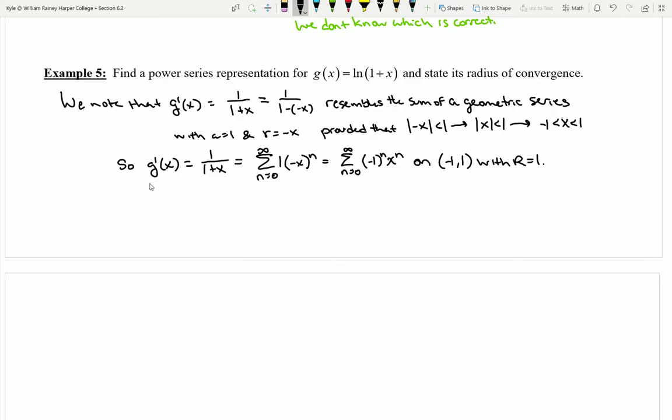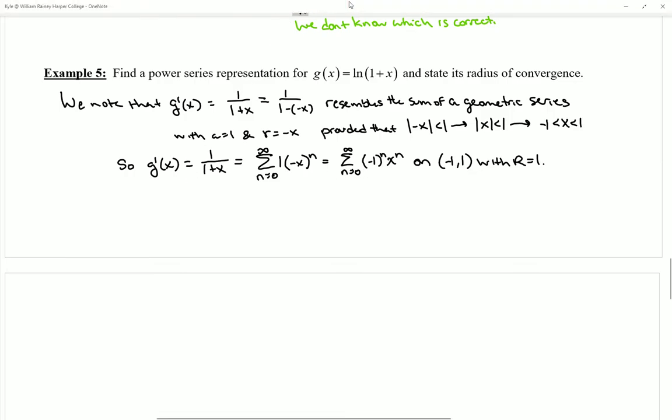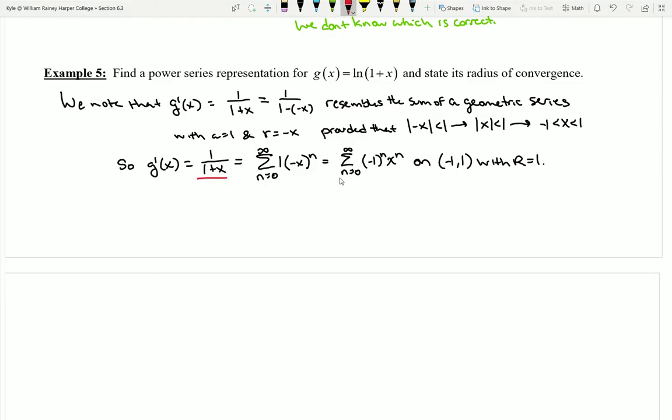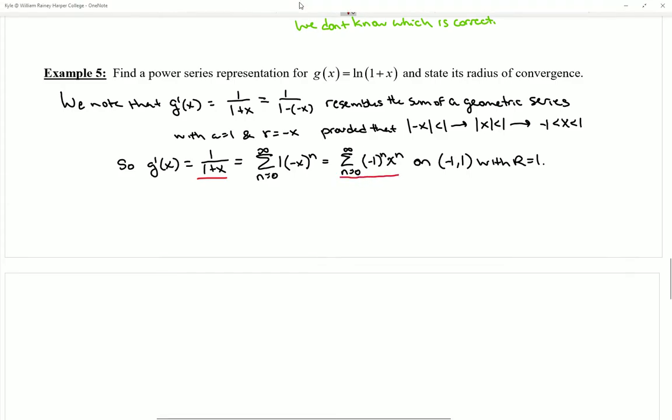Well, you might have guessed it if you're thinking about the previous theorem. Maybe I could now do an antiderivative of what I found here, and that would make things a lot easier to work with. Specifically, I'm going to do the antiderivative of this version of the power series, because I think it'll be a little bit easier to work with.